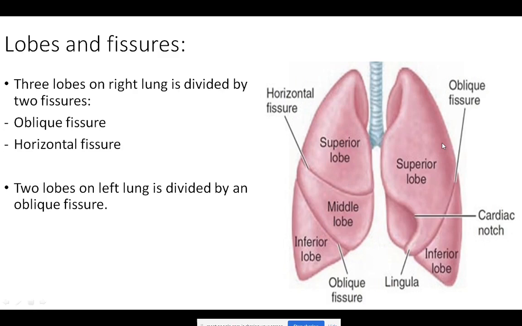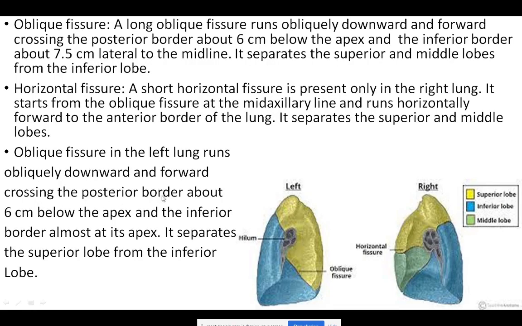Okay, it runs obliquely downward and forward and crosses the posterior border. Same thing, the oblique fissure on the left lung crosses the posterior border, like this. This is the posterior border of the left lung. It's blunt, right?